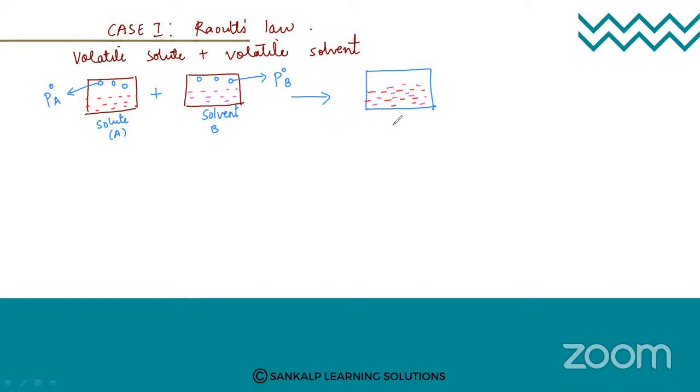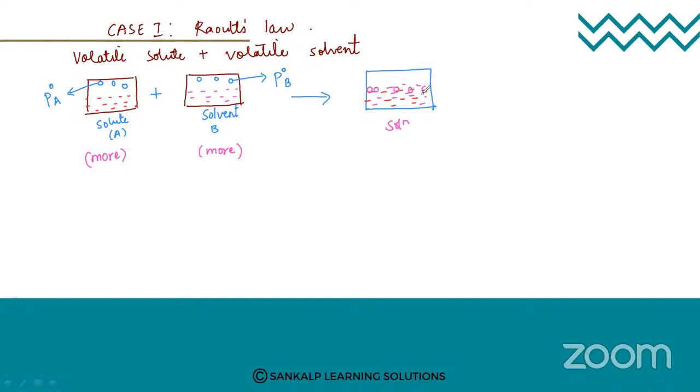Now, when the solution is formed, what will happen? As you know, in pure form the vapors formed will be more, right? So in the solute the vapors formed will be more, and in the solvent also the vapors formed will be more. Now in the case of solution, both solute and solvent are present at the surface.